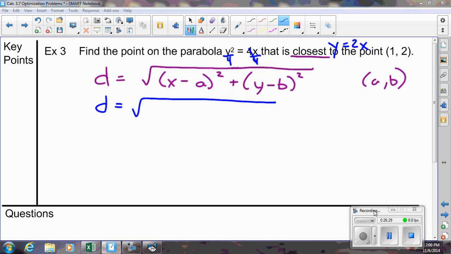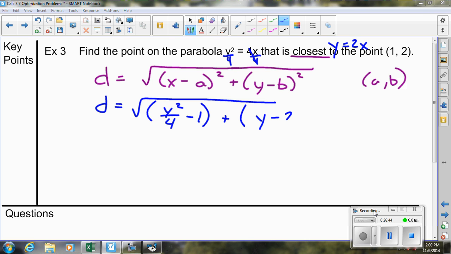Distance is equal to, x is y squared over 4, our a value is 1, and our b value is 2. And so this is what we need to minimize.